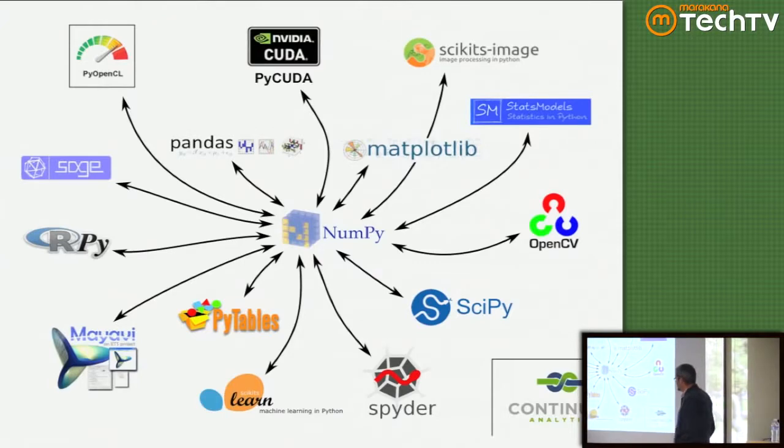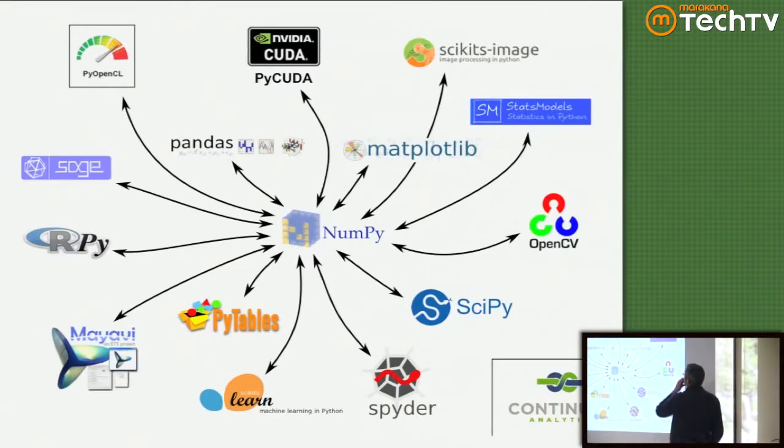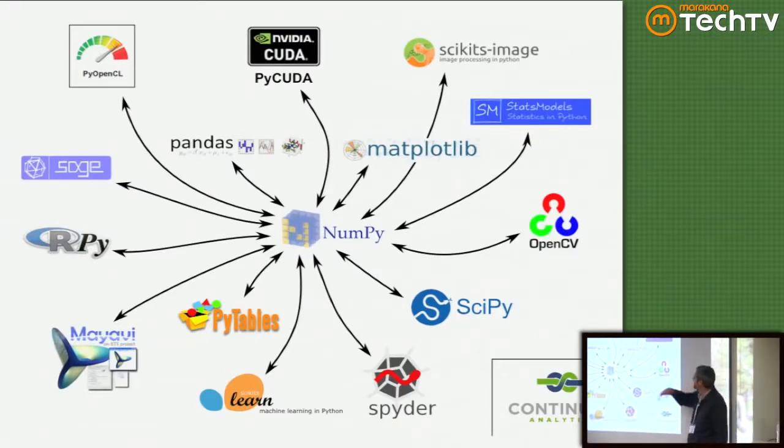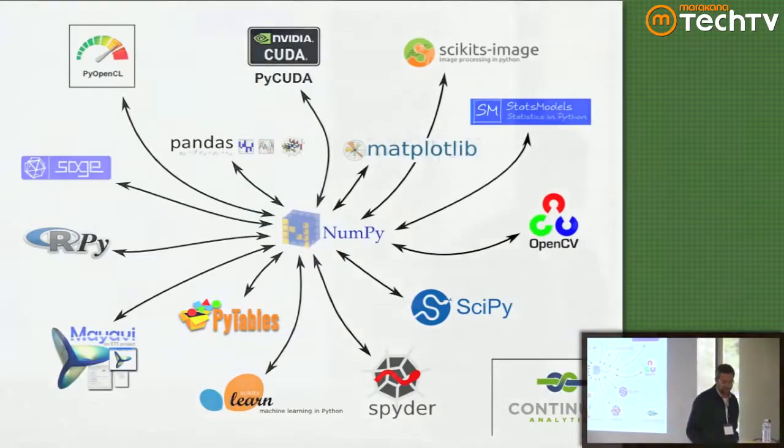There are machine learning libraries, the SciPy library, scikit-image packages for processing images, statsmodels, Sage, pandas, many things. PyCUDA and PyOpenCL also rely on NumPy in order to accelerate computations.